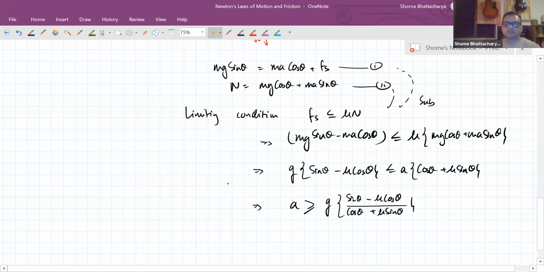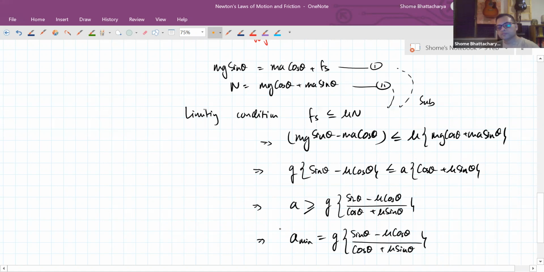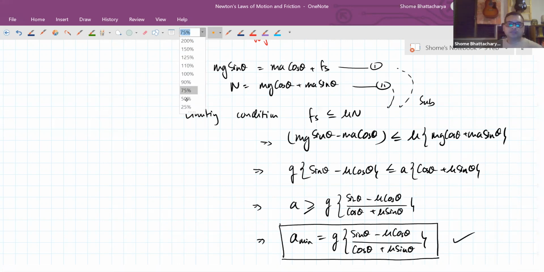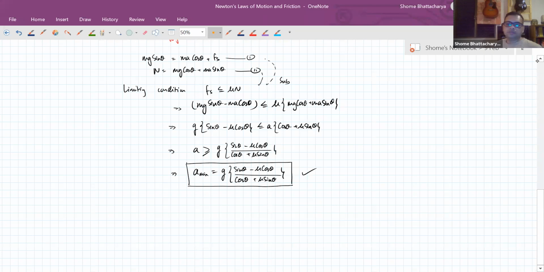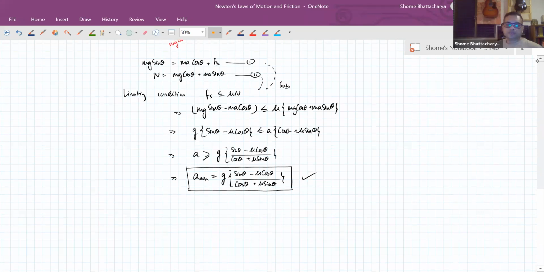So this becomes the limiting condition, and from this we see that the minimum possible acceleration for the no slipping case should be this. Okay, so this gives us the minimum condition. I'll just give you a minute to go through this working before we come to the next part.